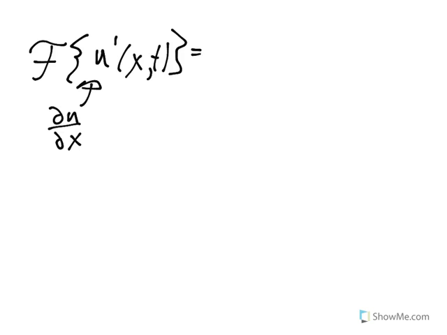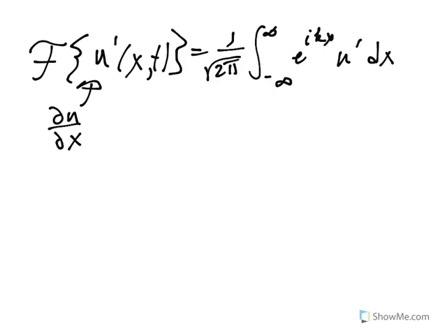Well, let's write it down according to the definition. 1 over square root of 2 pi, our improper integral, e to the ikx times u prime dx. Well, this, I hope, screams out at you for a method of integration called integration by parts, because here you can see we have a function f and a function g prime.